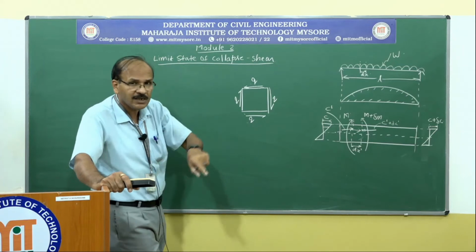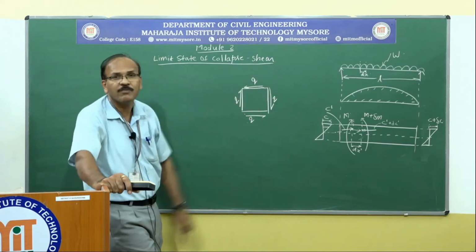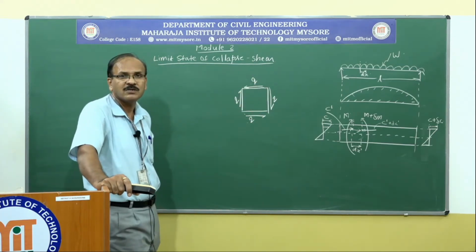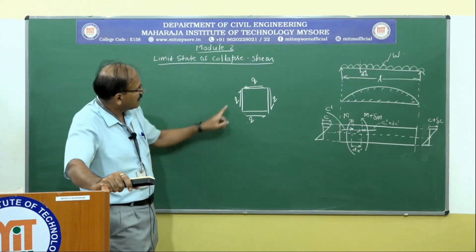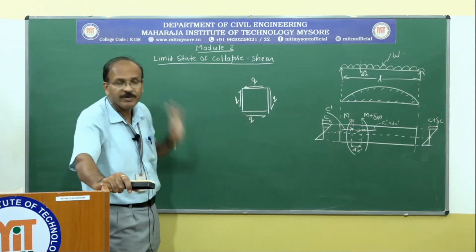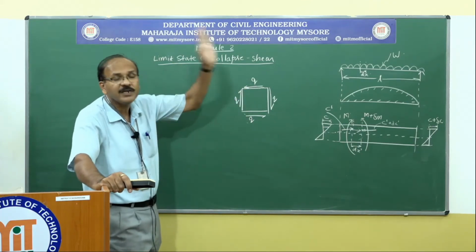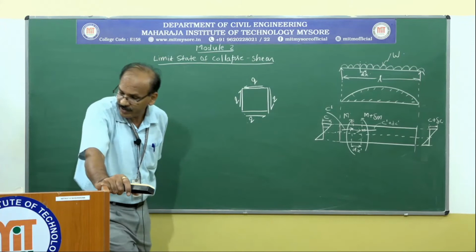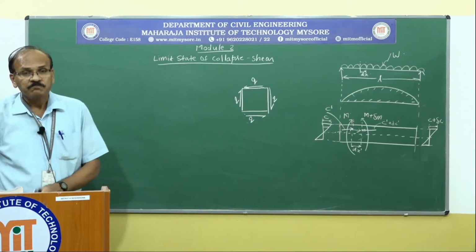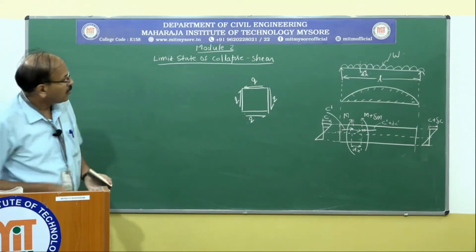Again, to maintain rotational equilibrium, there is going to be equal and opposite force. Okay, that force, if you convert that into stress, it is going to be Q. This is called the principle of complementary shear. Okay. So I am not going to dictate notes for you.